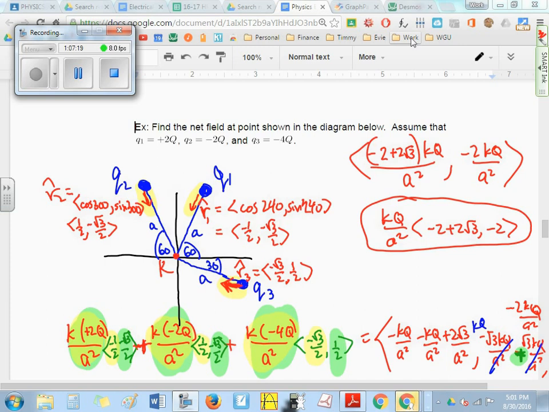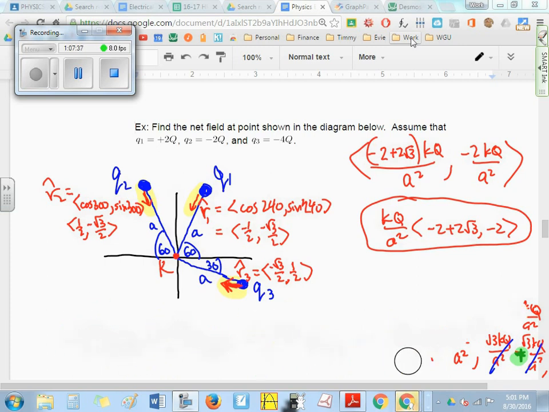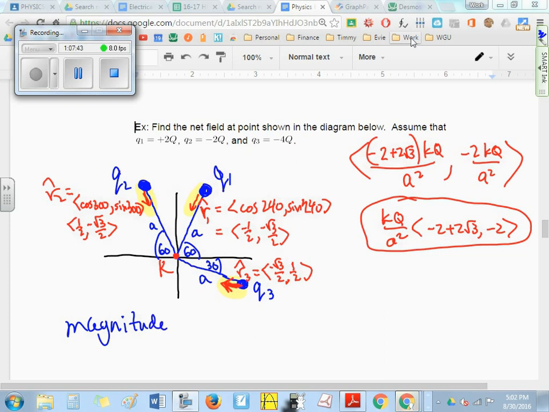And remember how we found magnitude and direction before. You would just basically do an inverse tan for the direction, and you'd use square and sum and square root to get your magnitude. So I'll do it real quick, but I don't want to get too carried away with it. Okay, so to do the magnitude, you're going to do square root of negative 2 plus 2 root 3 squared plus negative 2 squared.